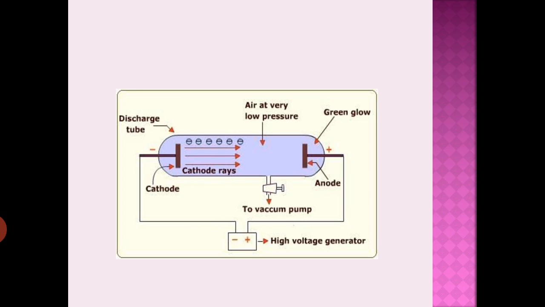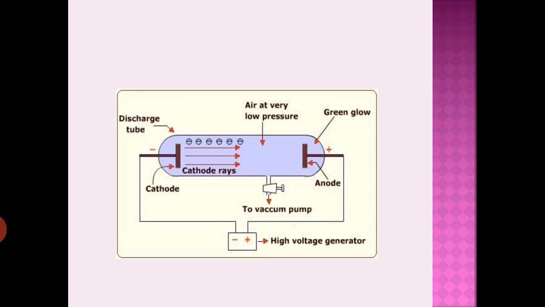Then he reduced the pressure, first from 1 atmospheric pressure to 0.01 to 0.001 mm of mercury. The voltage was high and he kept on reducing the pressure inside the discharge tube to 0.001 mm.